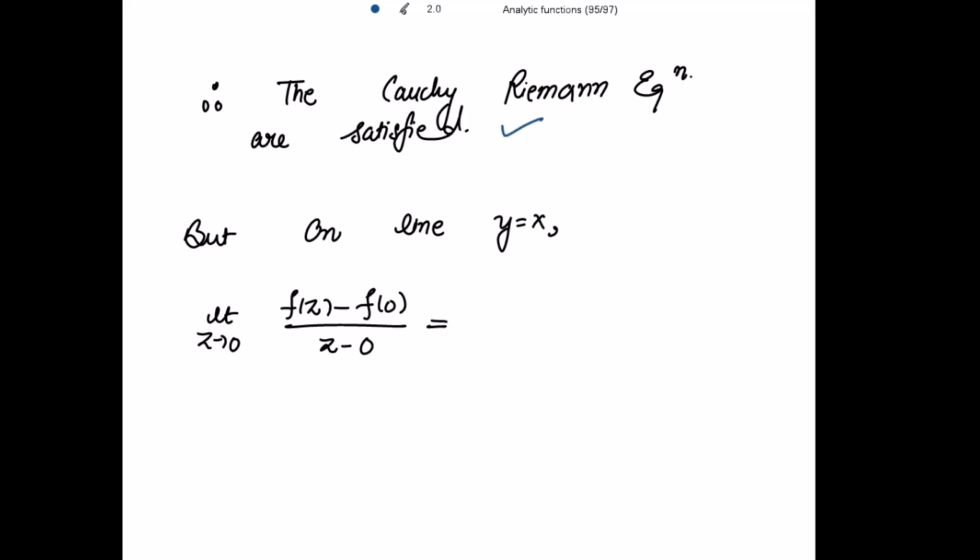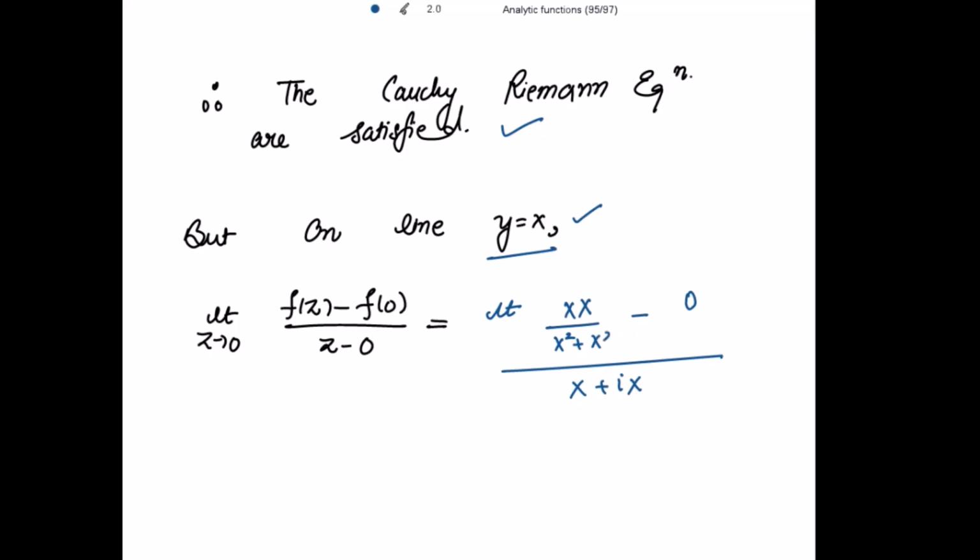Very fine. But if I take the line y equal to x, let's check whether the function is differentiable or not. Limit z tending to 0 of f(z) minus f(0) divided by z minus 0 will be equal to the limit of xy divided by x square plus y square, minus f(0), which is 0, divided by z, taking z as x plus iota y. Because we have taken y equal to x, instead of y we are using x.